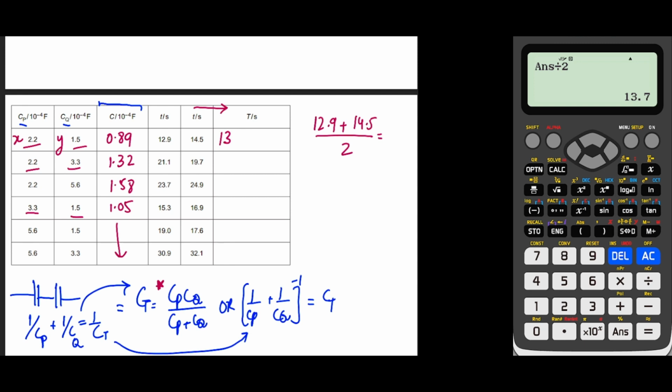So the answer is 13.7 plus minus. We need to find the error. So the error is going to be exactly like maximum minus minimum divided by 2. So in this case, that is basically 14.5 minus 12.9, whole range divided by 2, to give us a plus minus of 0.8, right?